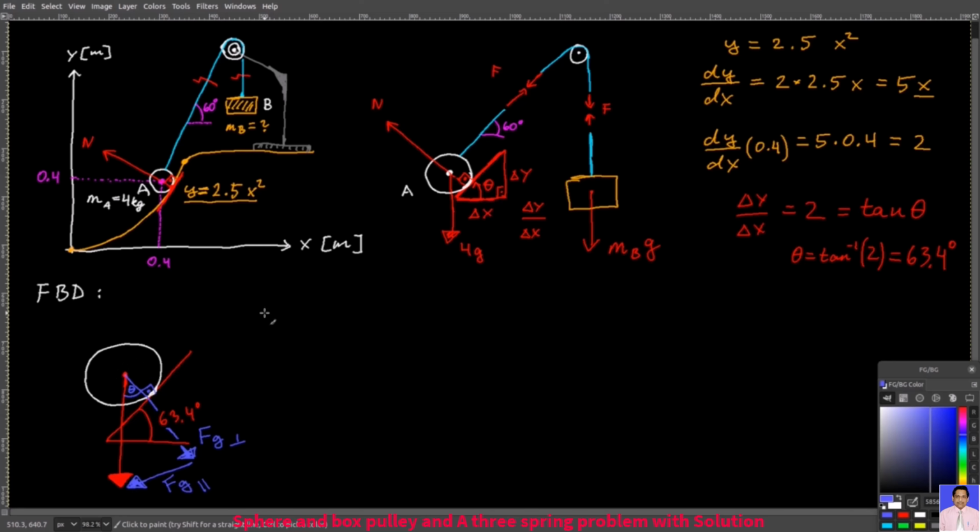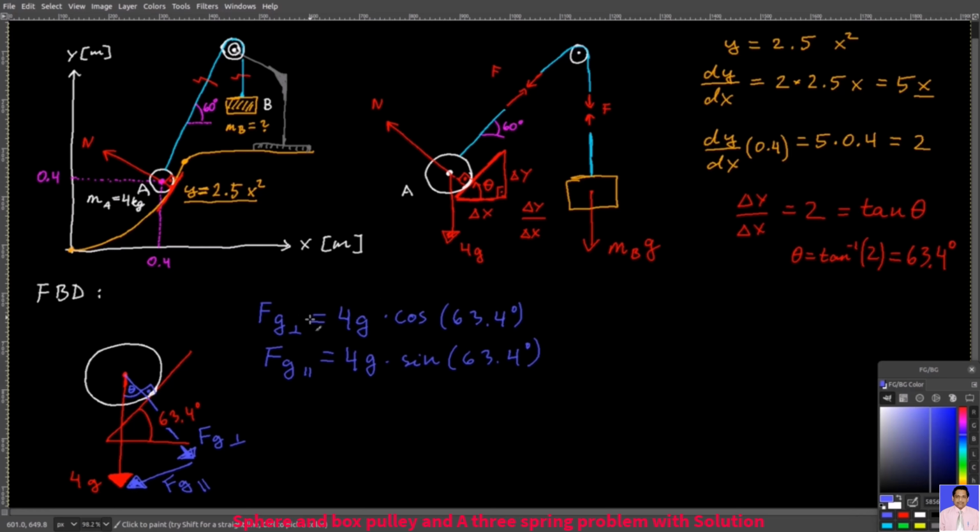And so I can say that FG perpendicular equals, and so if this is 4g, then you have 4g times cosine 63.4 degrees, and FG parallel equals 4g times sine 63.4 degrees. Now the thing is that I don't really need these two components.